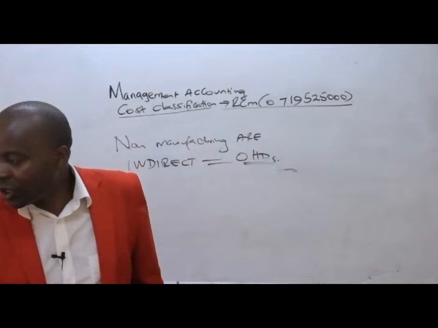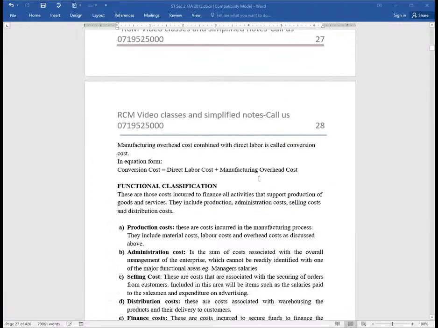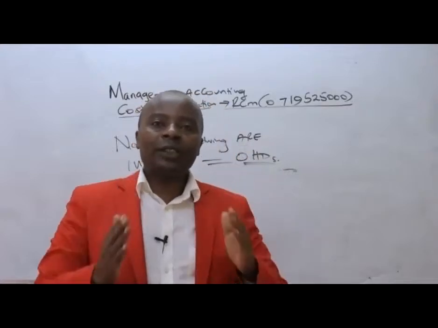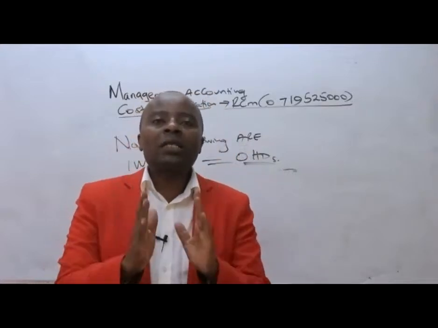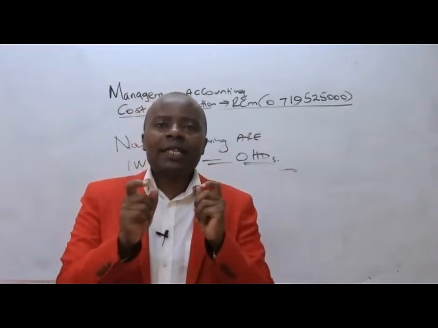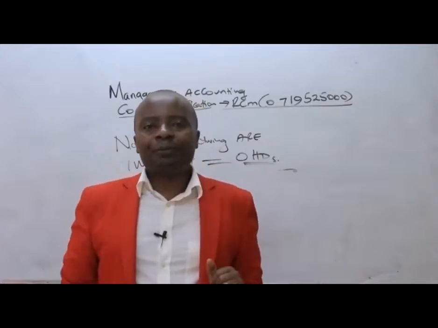Great. Now from there, ladies and gentlemen, we go to another classification, which is the functional classification. Under functional classification, we shall be classifying our costs in accordance to the various activities or functions that a company does.